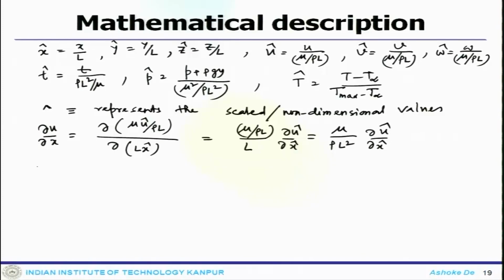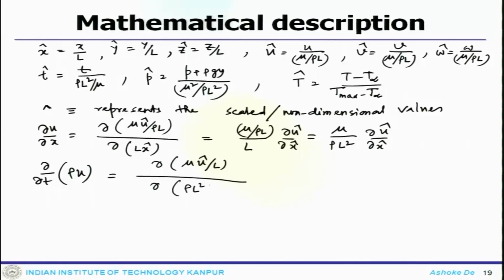Similarly, I can do del by del t of rho u. So, del by del t of rho u would be del of (mu u hat by L) divided by del of (rho L square t hat by mu).